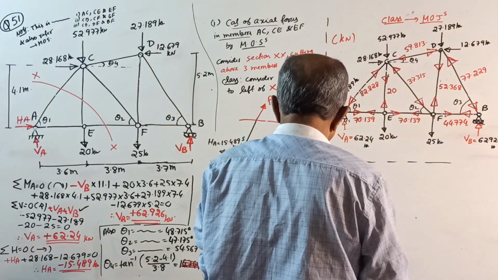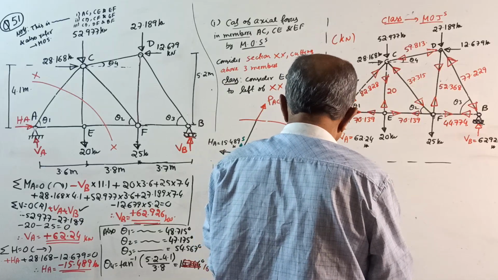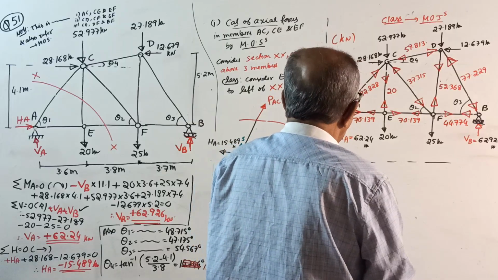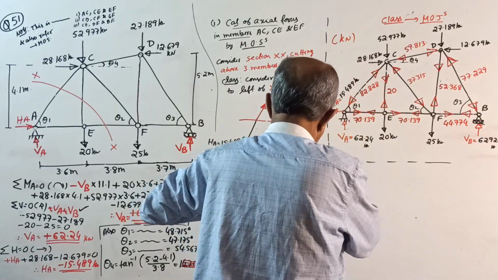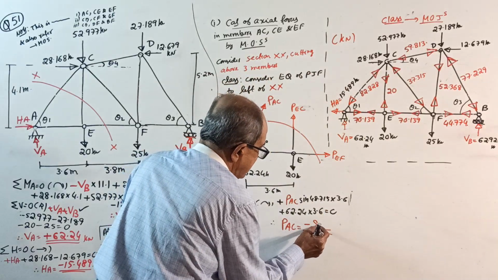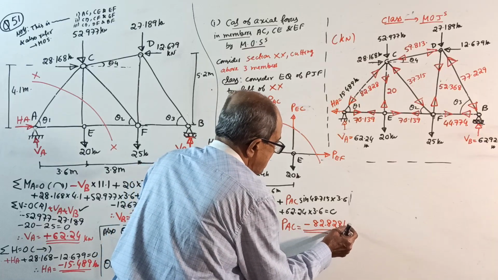Calculate: 62.24 divided by sine 48.715 gives 82.828. It is minus, so PAC is minus 82.828 kilonewton.